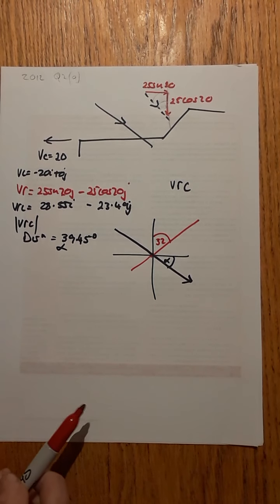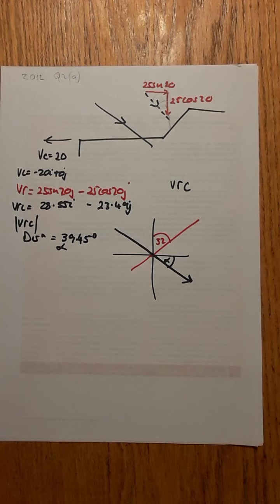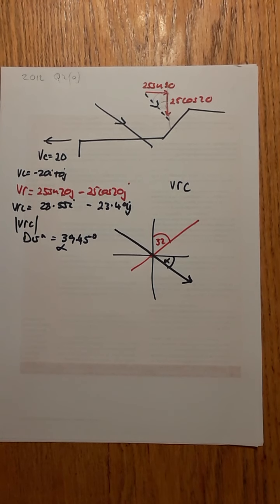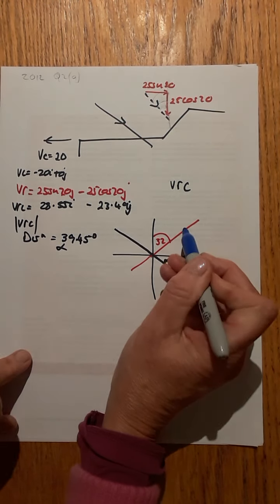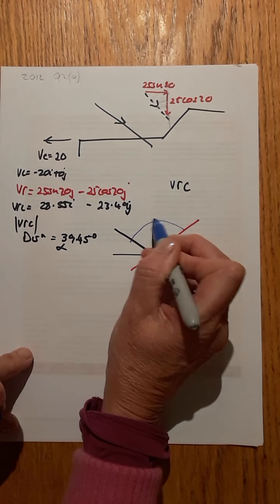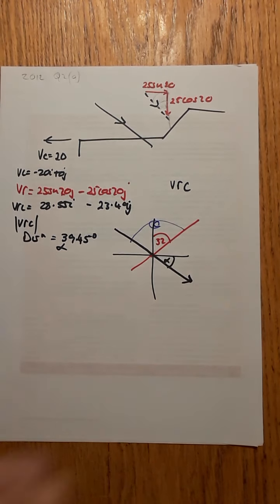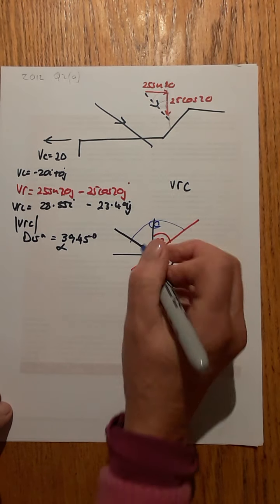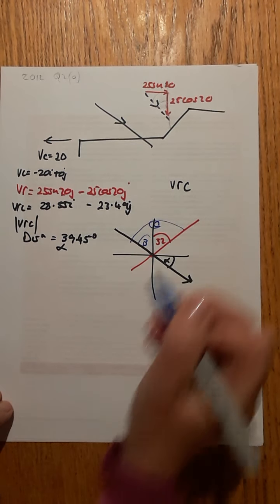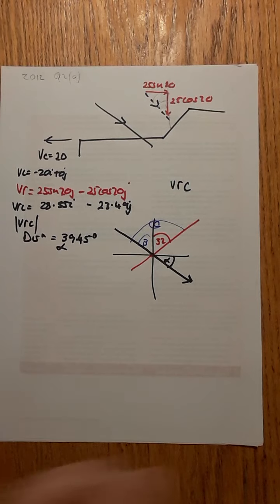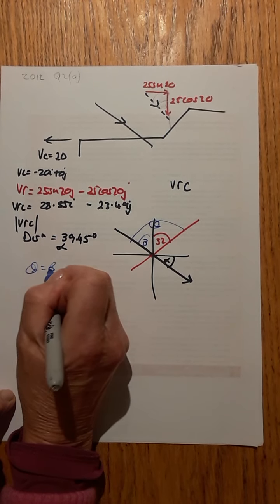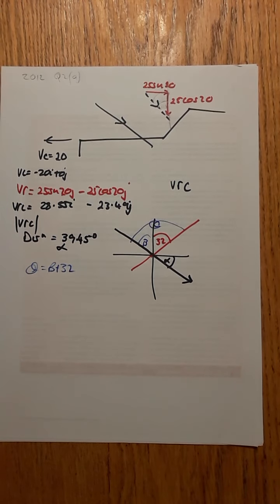If I want to find the angle with which the rain appears to strike the windscreen, this is the angle that I want. I'm going to call that one theta. To find theta, I'm going to need this angle here, which I'll call beta. So theta is equal to beta plus 32.